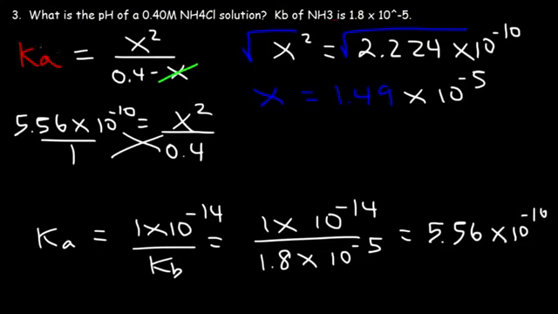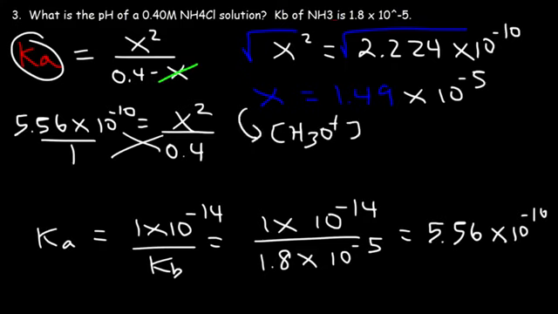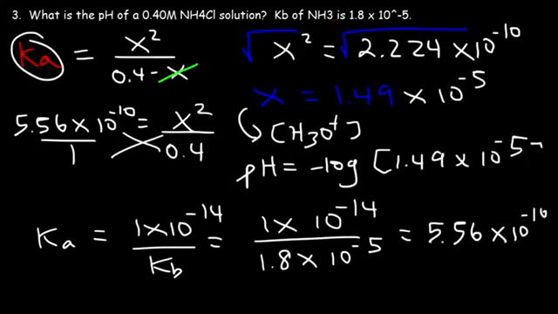Now, because we're dealing with Ka, X represents the H3O plus concentration, which means we can now find pH directly. So the pH is going to be negative log of the hydronium ion concentration, which is equal to X. So therefore the pH is about 4.83.